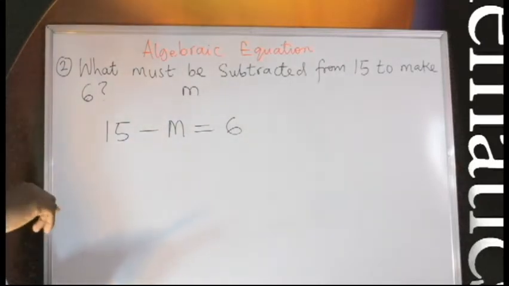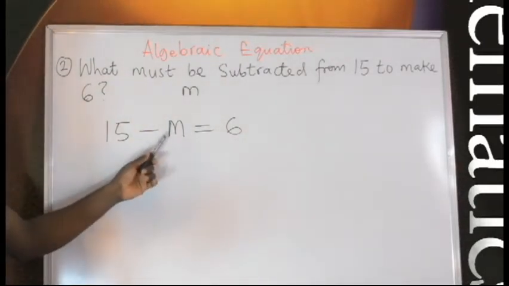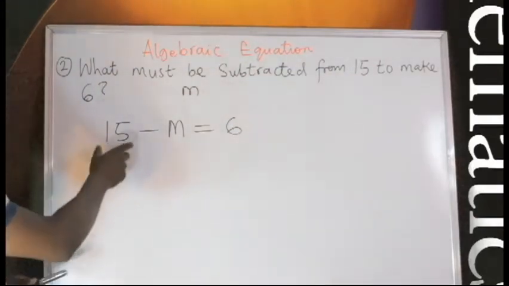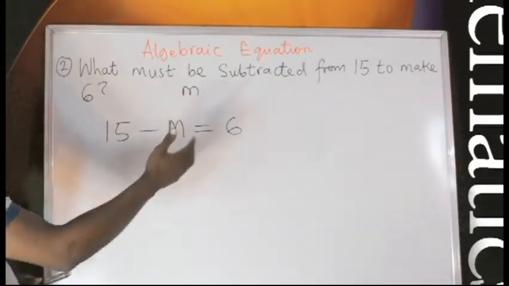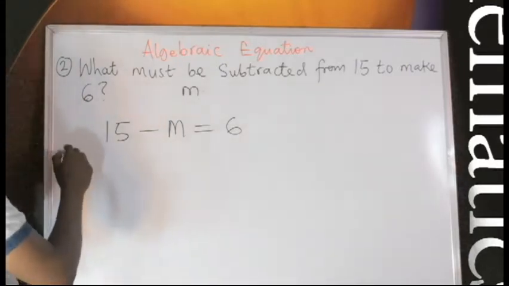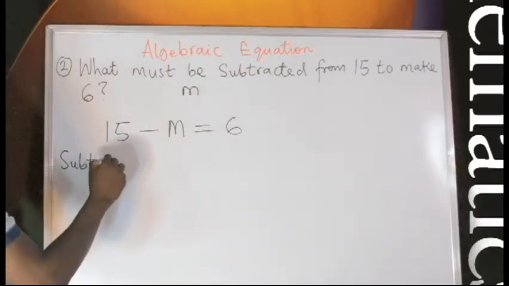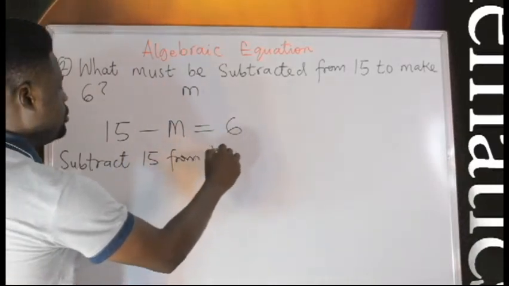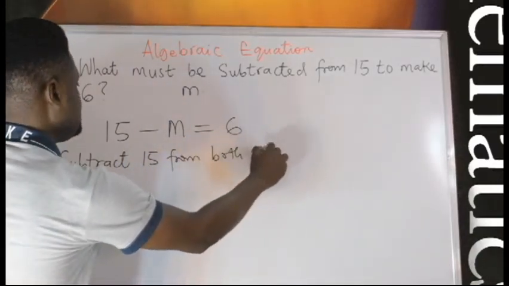Just like the first example, we want M to be alone. So this number has to go to the other side. This 15 is positive, so you subtract 15 from both sides.